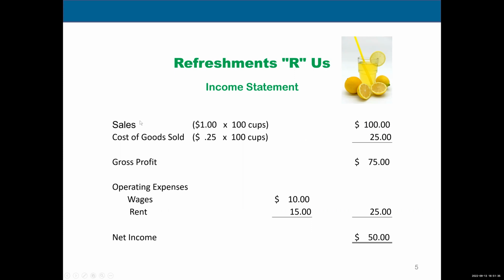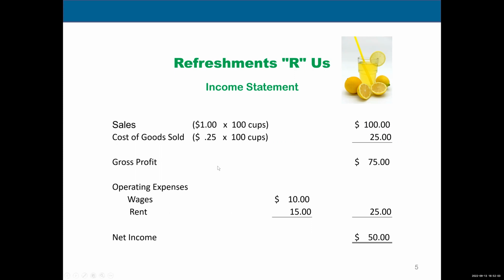Let's start this Refreshments R Us lemonade stand, and let's figure out how much money we can make. So I'd say, well, what are you going to sell your glass of lemonade for? Well, I'm going to sell for $1. Well, how many cups are you going to sell a day? They'd say, well, 100. So our sales would be $100. That's what we're going to earn from the sale of our glasses of lemonade.